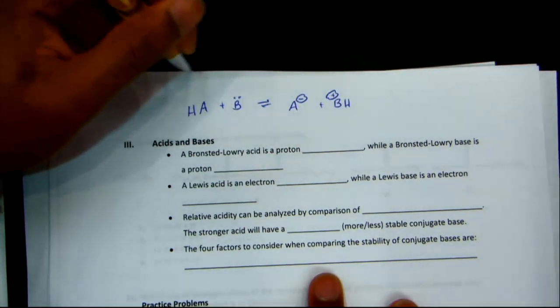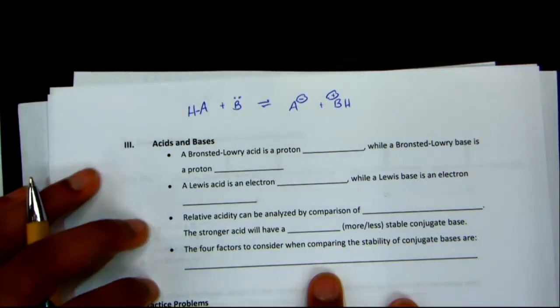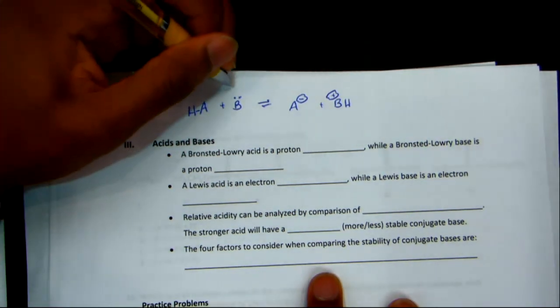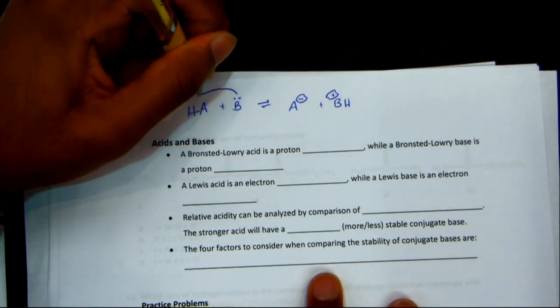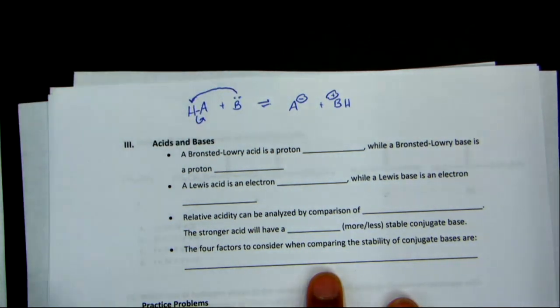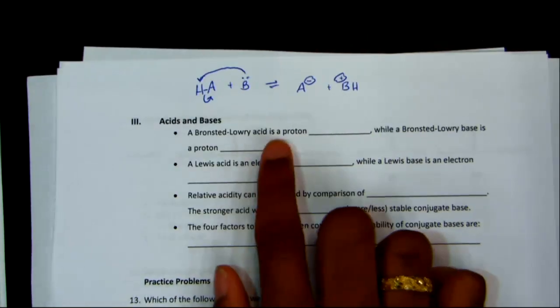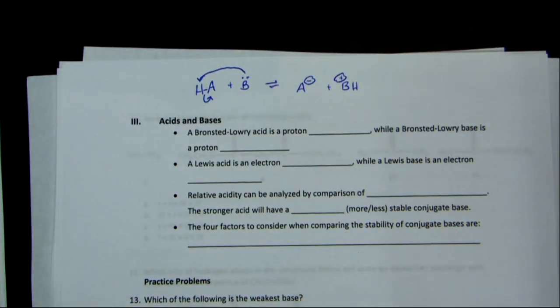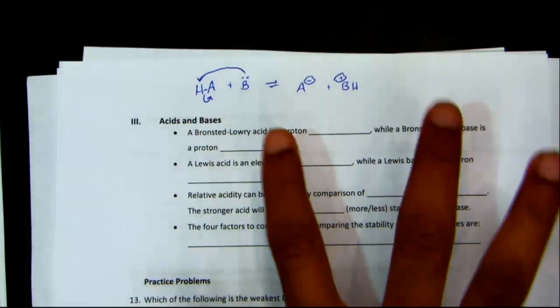So this is your basic acid-base reaction. I'd have my base taking away my proton, and then my lone pair going off onto my A. So in this case, a Bronsted-Lowry acid and a Lewis acid are basically the same thing. They're just talking about different things.